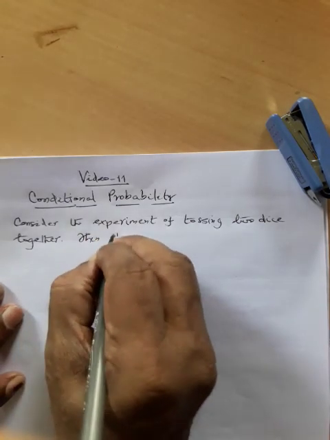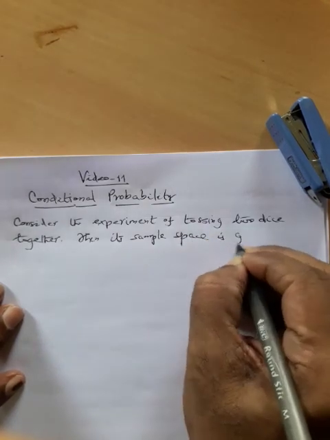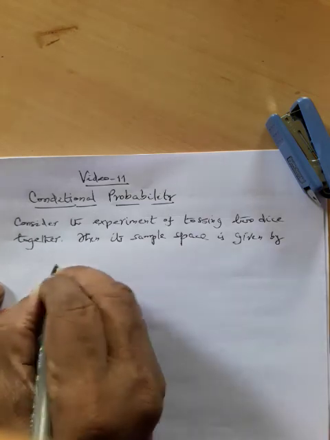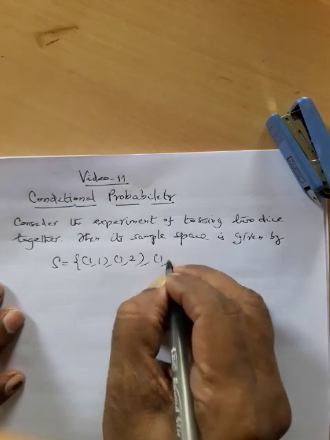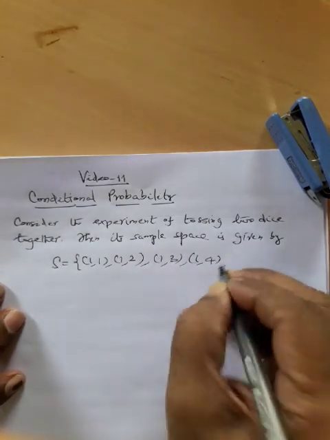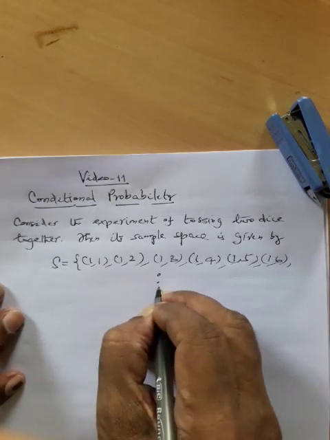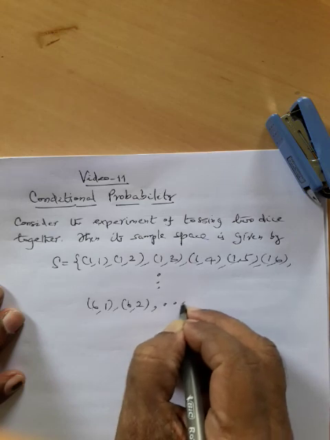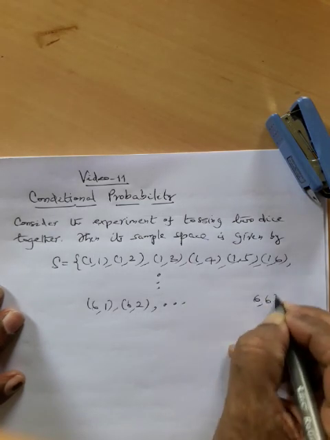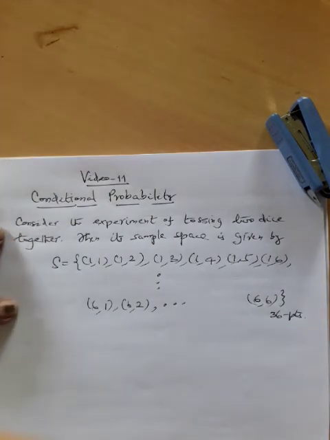Then its sample space is given by S equal to 11, 12, 13, 14, 15, 16, then starting with 2, starting with 3, finally starting with 6: 61, 62, etc., finally 66. There are 36 points in the sample space of throwing or tossing two dice together.